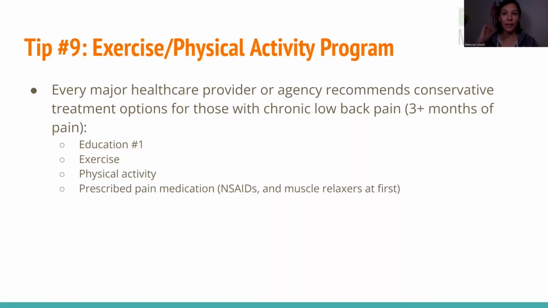Along with this, medical physicians will prescribe pain medication, beginning first with your NSAIDs and muscle relaxers, and there's a bunch to choose from in that category. And as we know, it can only increase to higher dosages or stronger pain medications such as opioids and opioid derivatives. But the first two recommended are the exercise and education, which you're getting today.